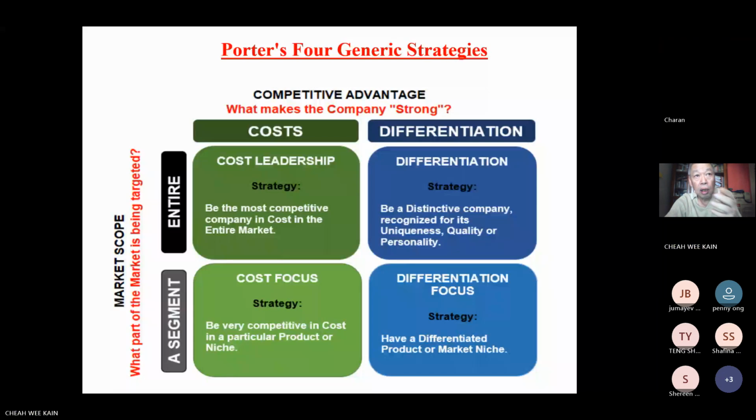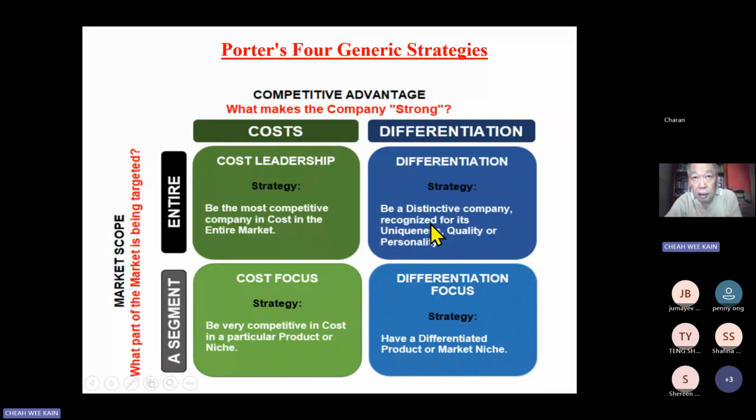So now you can see some companies say, okay, I am Rolls-Royce. Rolls-Royce may be here, differentiation focus: we only sell to rich people, high price, different type of product. There's Rolls-Royce. Now Coca-Cola may be here: cheap cost to produce, selling everywhere. And so forth. Maybe Starbucks will be here.